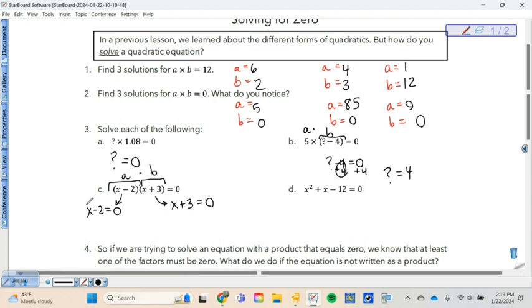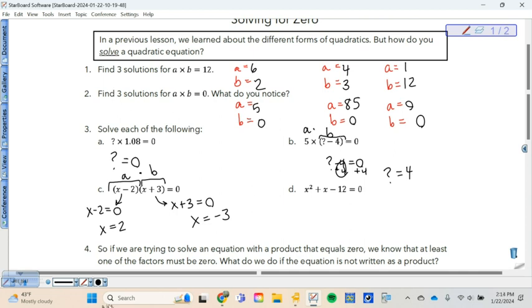So if x minus 2 is 0, what does x have to be? 2. And if x plus 3 is 0, what does x have to be? Negative 3. So for this one, we have two solutions for x. What about in part D?